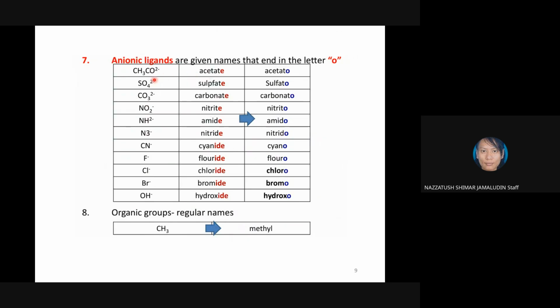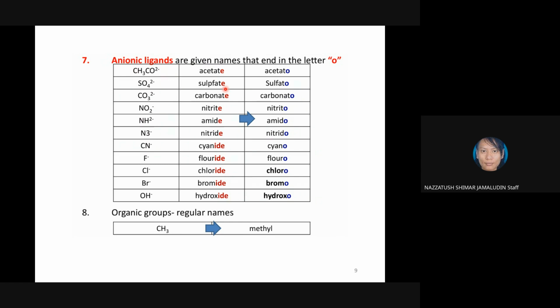Ligands that are anionic, like chloride, bromide, hydroxide, fluoride, cyanide, nitride, amide, nitrate, carbonate, sulfate, acetate. When they are not coordinated, the uncoordinated version will end in -ate, like acetate, sulfate, carbonate.